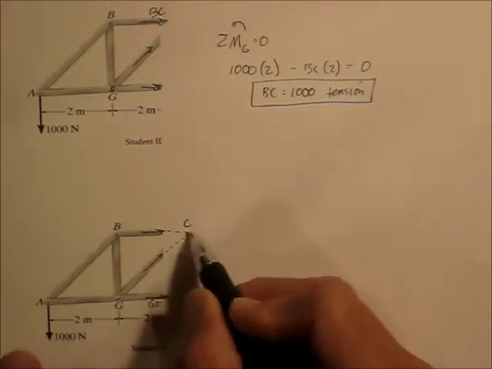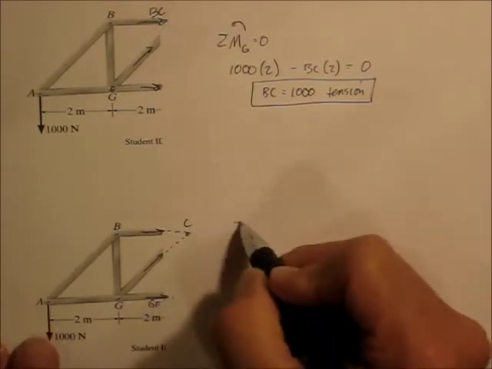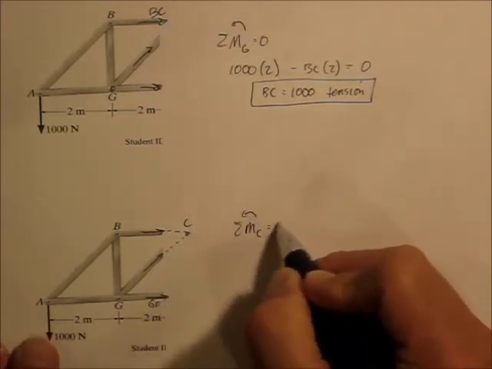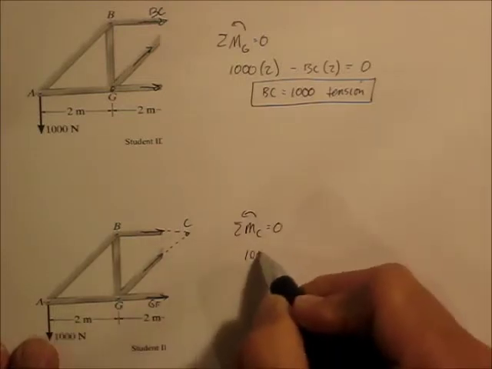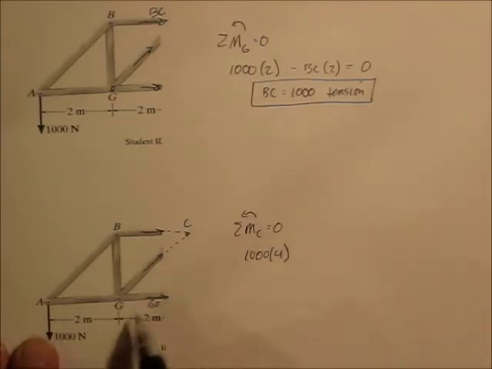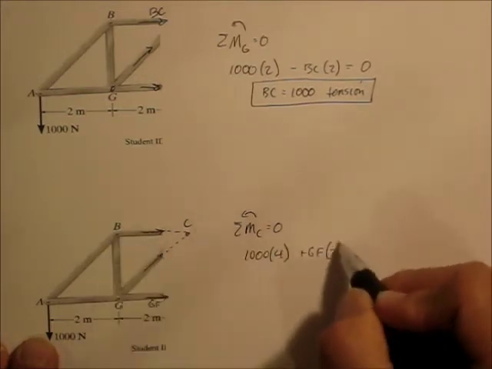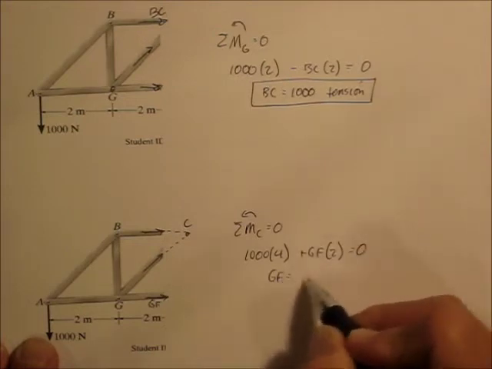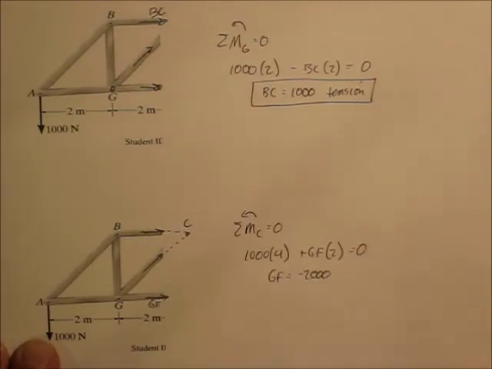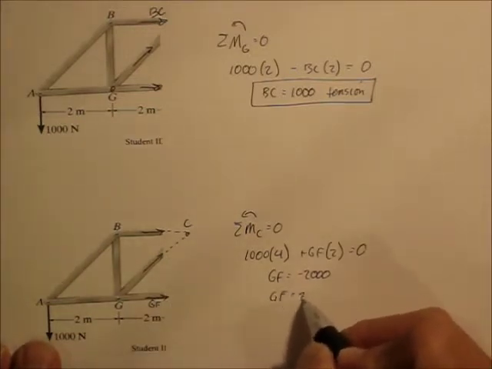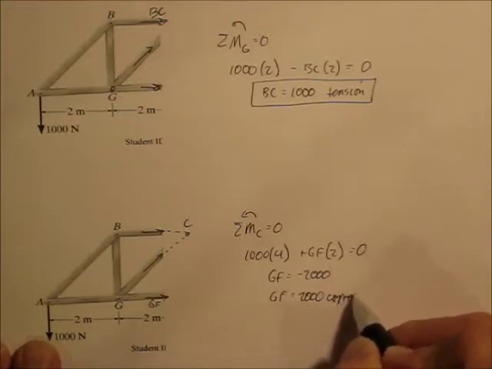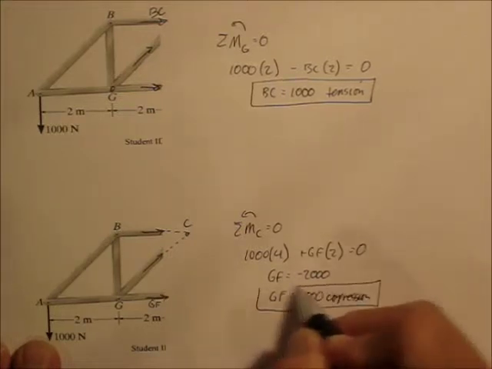Point C is way out here, so here's my lever arm. Sum the moments about C equals 0, so I've got 1,000, in this case times 4, plus GF, and this lever arm here is 2, equals 0. So GF is equal to negative 2,000. Now, negative 2,000: I drew it as a tension member, which means the arrow is going the wrong way, so GF is actually 2,000 compression. And that should be the answer.